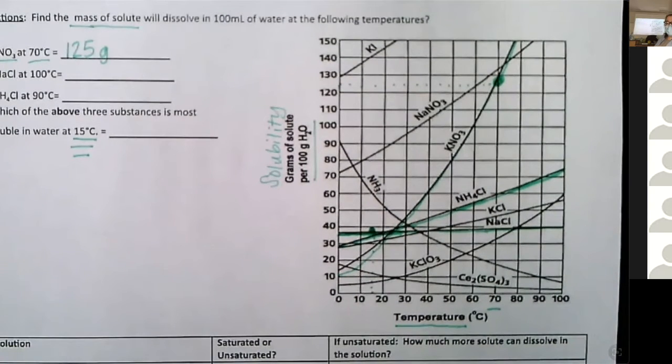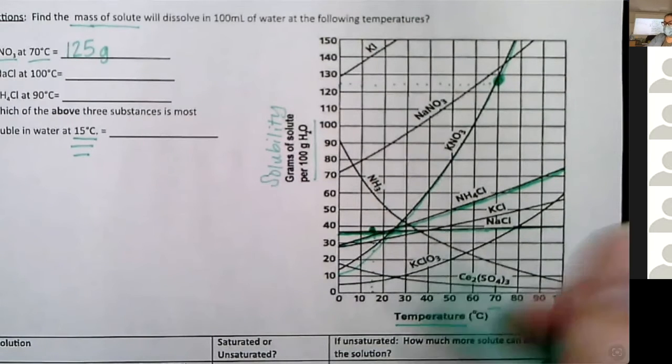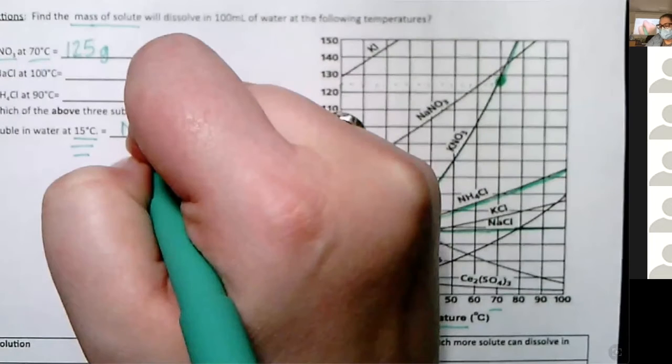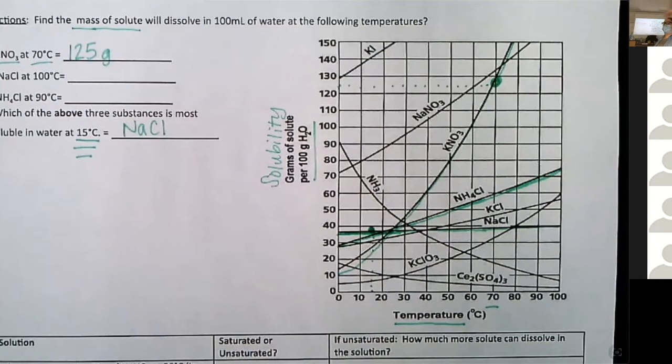So you have to look pretty closely at your graph. Of the three lines I just traced over, the one that is most soluble is NaCl. The most soluble just means at that temperature, which one of those three lines is going to be towards the top, the tallest or highest one?